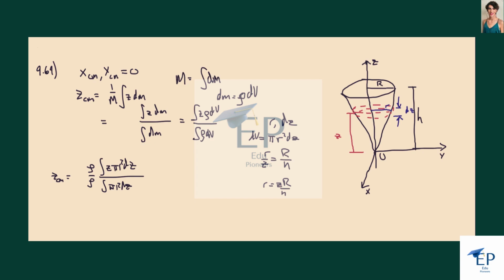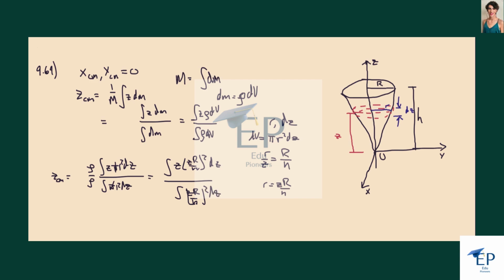Okay, so now that is where we plug in our r relation. So this becomes integral, these pi's are going to cancel. We have z times z big R over h squared dz over the integral of z big R over h squared dz.